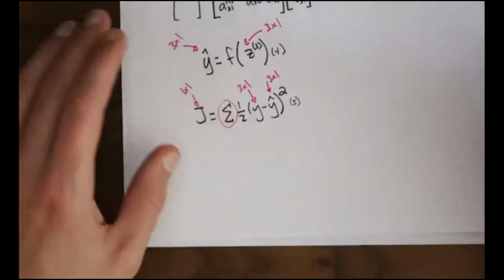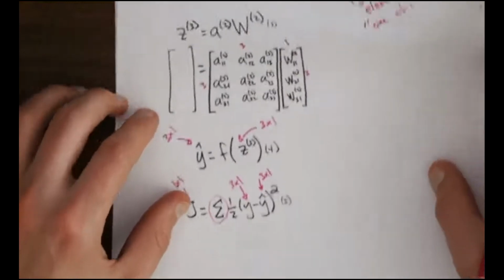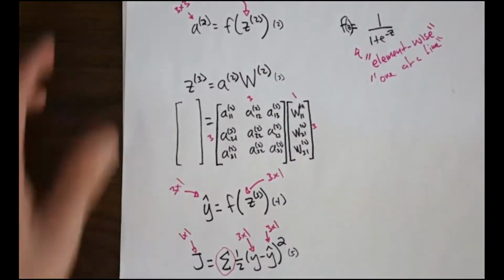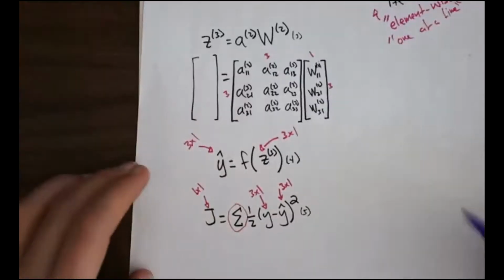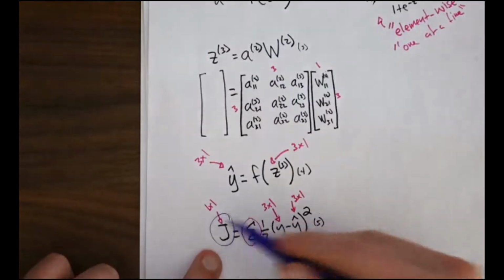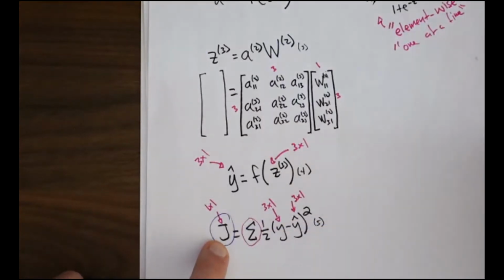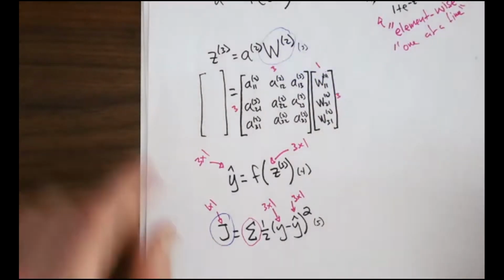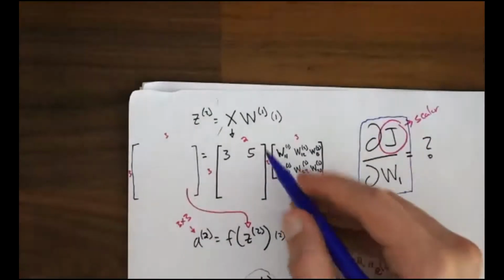Now, to tie all this together for you, hopefully: we're trying to say, okay, what math do I need? Computationally, I want to minimize this. I want to make this as small as I possibly can. And I'm going to change the values of W2, and I can change the values of W1. I can change both.